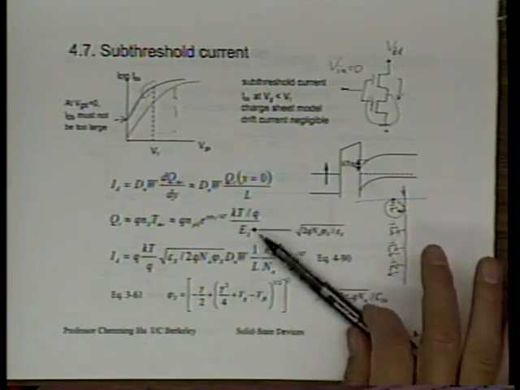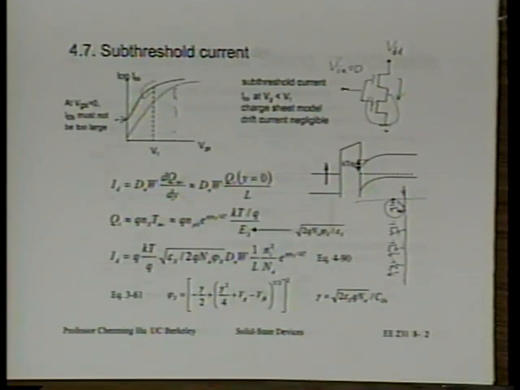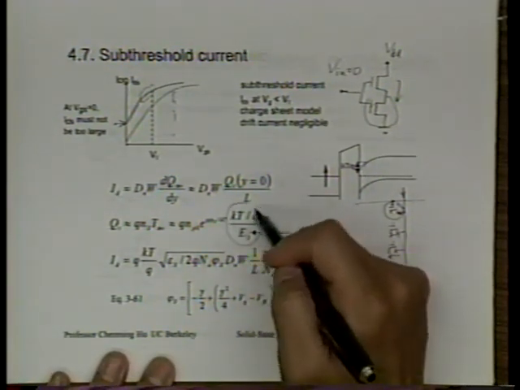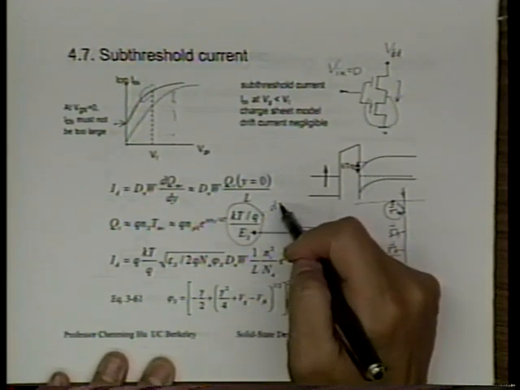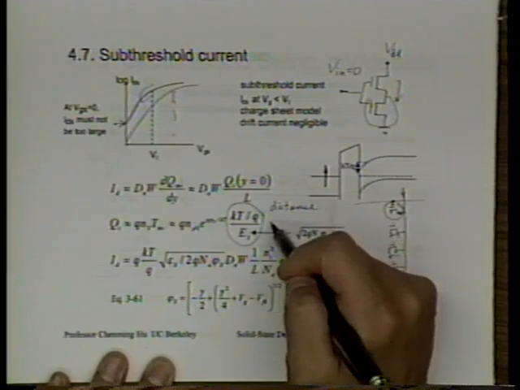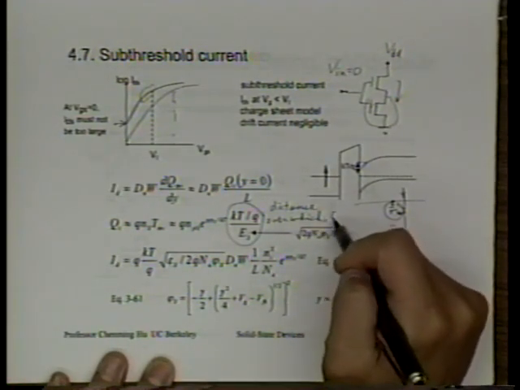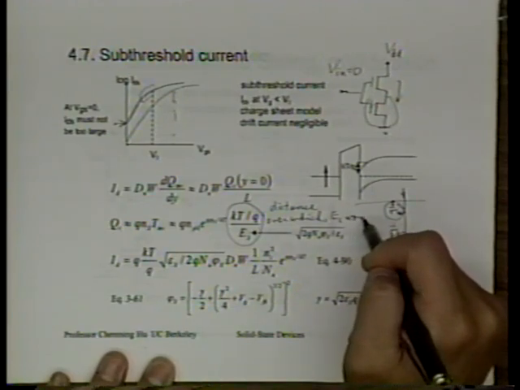Debye length would not be a function of the surface electric field. What this gives you is the thickness, if you will, the distance over which EC would rise by KT over Q.